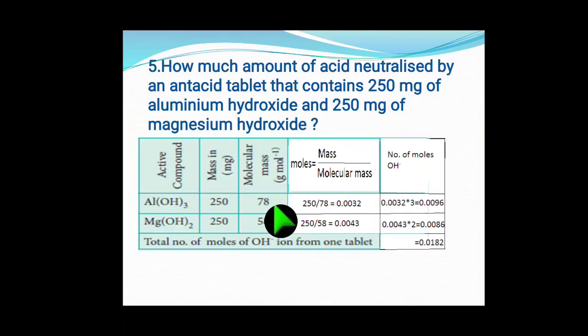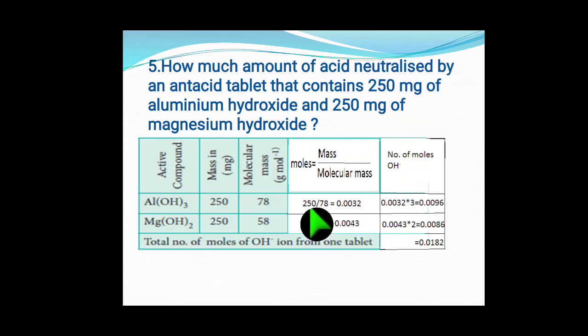Now you apply it here. When we know the molecular mass and mass of aluminum hydroxide and magnesium hydroxide, we can find the moles. The main formula is: moles equal mass divided by molecular mass.